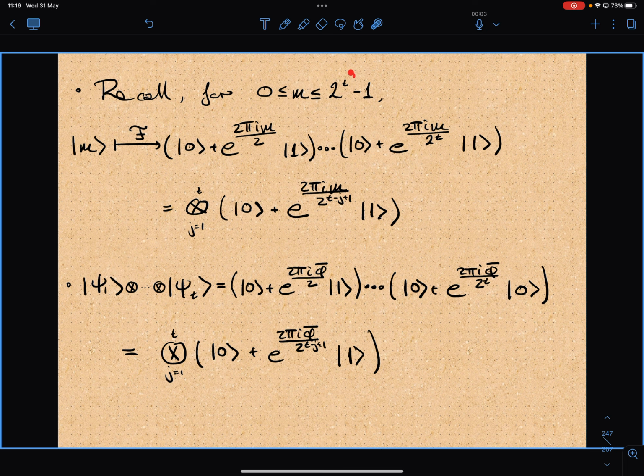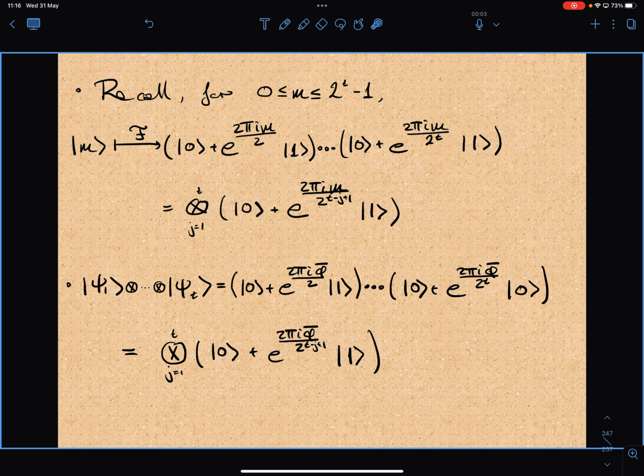If you put t qubits, then the Fourier transform only works for the integers in this range. That's why I want my phi bar to be an integer in this range, so that I can take the inverse Fourier transform.